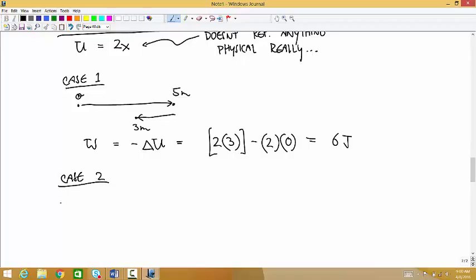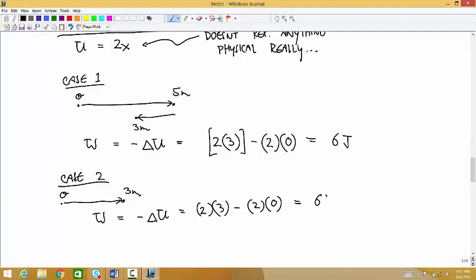So if it goes directly, just 0 to 3, you can see from the way we do these calculations that won't have any effect on the result. It's still just the work is equal to the negative change in the potential energy, which is 2 times 3 minus 2 times 0, 6 joules.